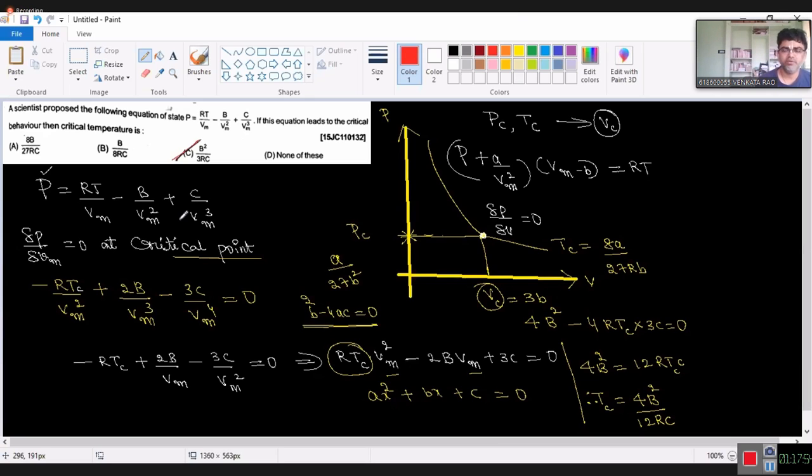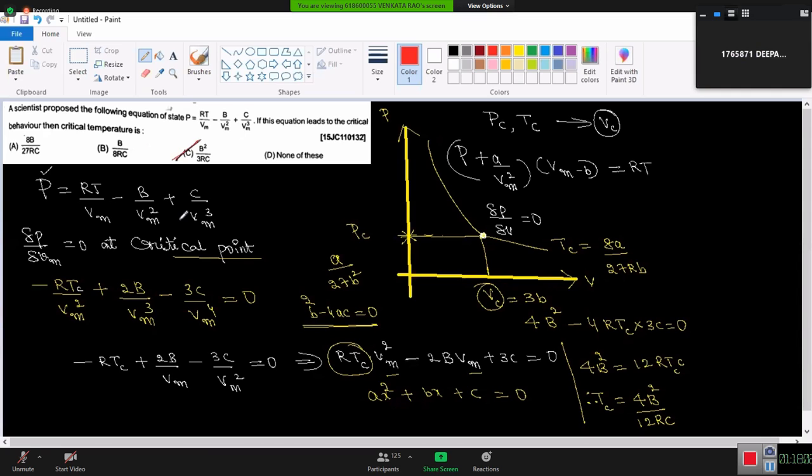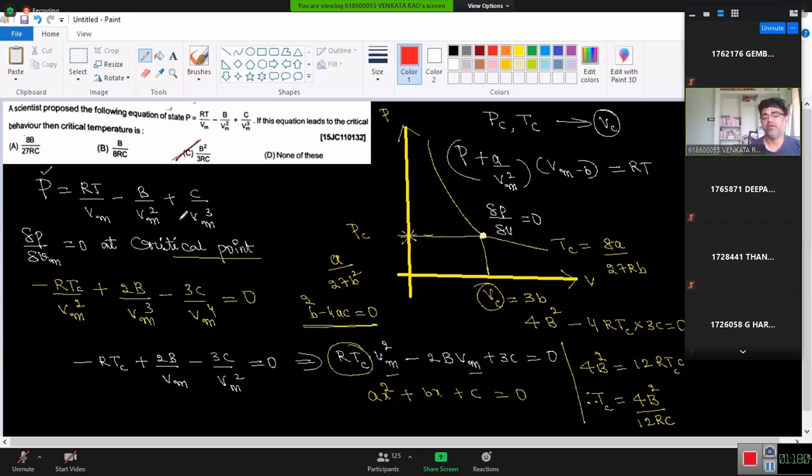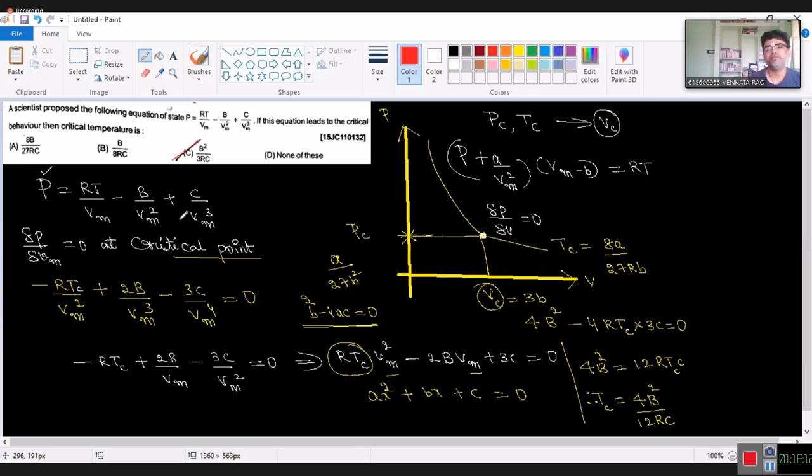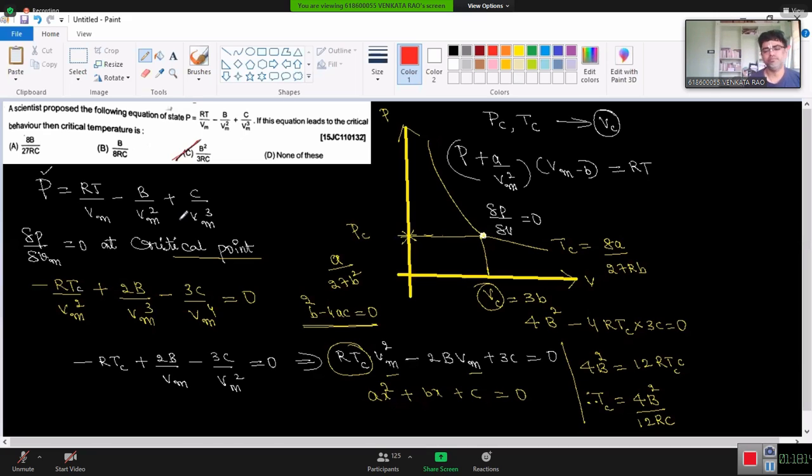For a quadratic equation, we will get two values of volume. But at a critical point, critical volume is only one. So the two roots can be identical if and only if determinant is 0: B square minus 4AC equal to 0. Please solve that. I'll move on to question number 14.